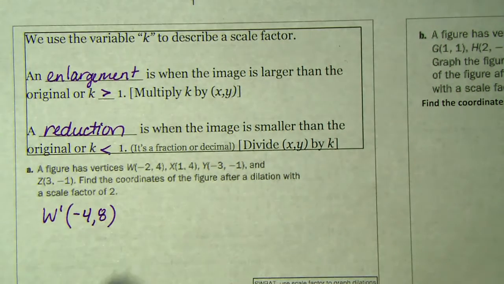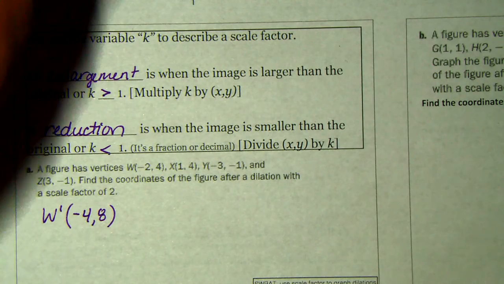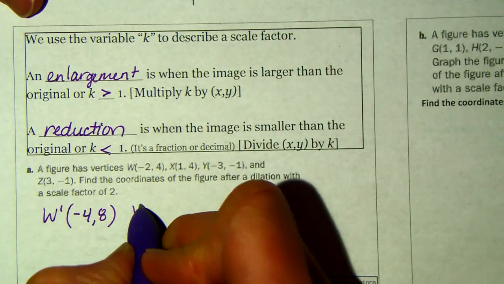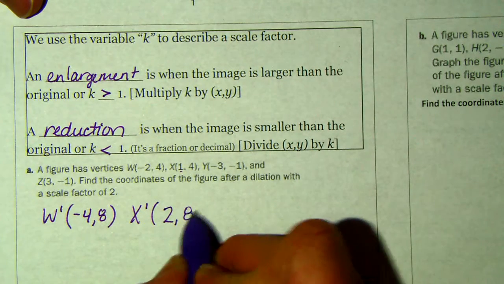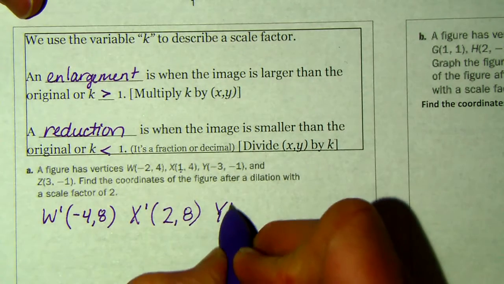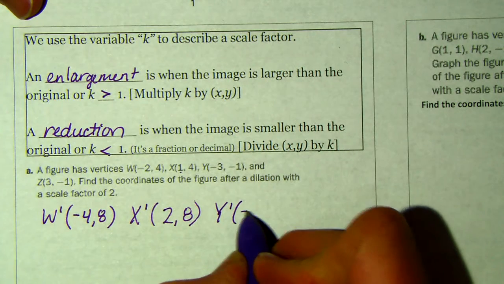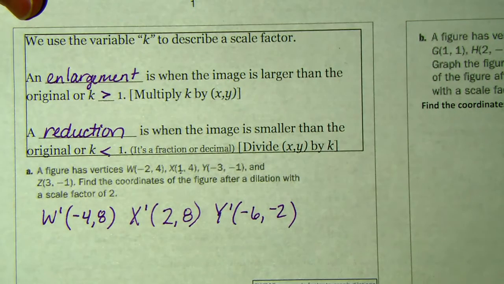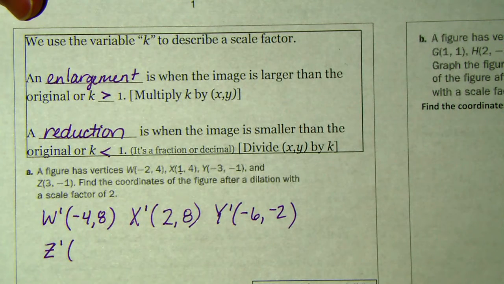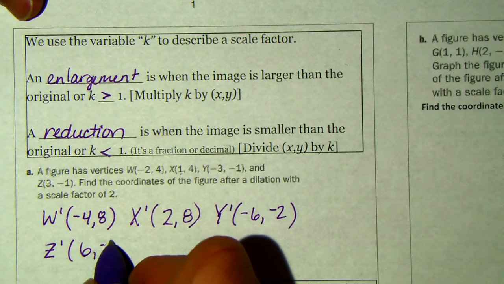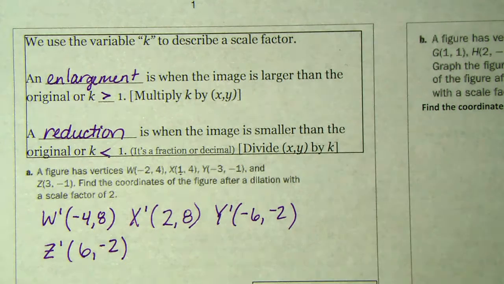X prime, if I multiply them by 2, is 2 and 8. Y prime, multiply by 2, we'll get -6 and -2. And then the last one, Z prime, will be 6 and -2. So if you know the coordinates and you know the scale factor, you just multiply each coordinate by that number. That's it.